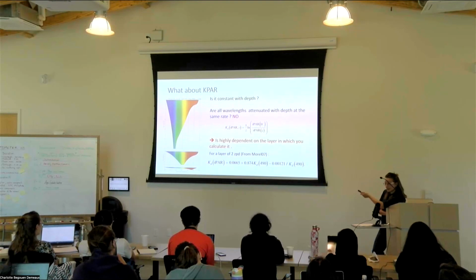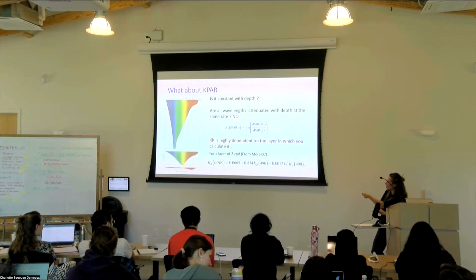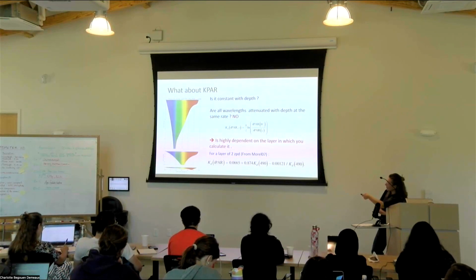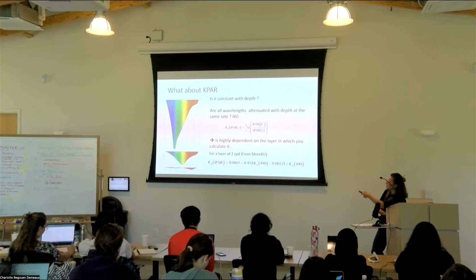You can get K-par from satellites if you want, but you have to make sure that you're calculating it in the same optical depths. There are formulas that exist based on other wavelengths like K490, because this is something that will usually be measured in situ and by the satellites, but this is only valid in a very specific optical depth and for very specific types of water, where we assume that the spectrum of attenuation is like this.